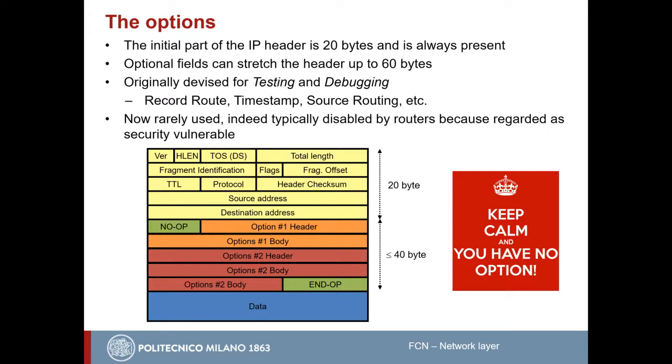So this is for fragmentation, and there are some exercises where you have to calculate what happens when you have to fragment a certain packet, but it's not very difficult. About options, which are the last part of the header, in IPv4 we have the possibility to add optional fields up to a maximum header length of 60 bytes, and these options are used for different purposes.